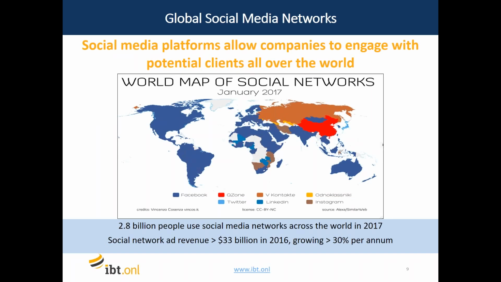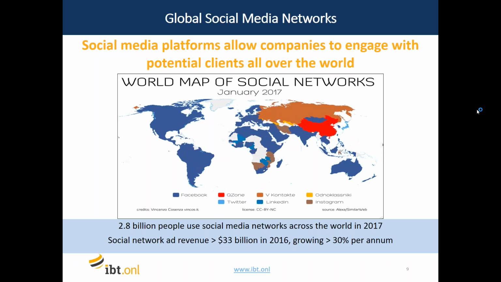You can see all that blue is Facebook. The brown is either vKontakte in Russia or Instagram in parts of Africa, and then the red is Qzone in China.